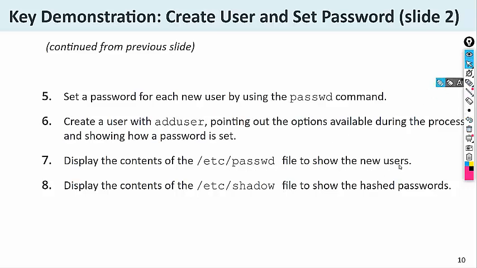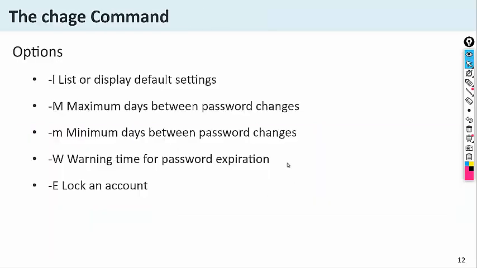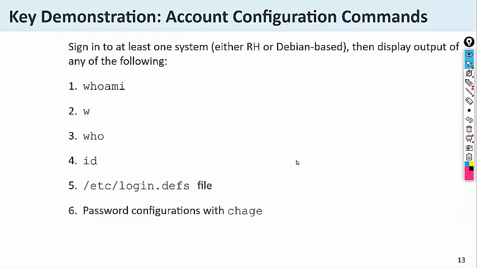Passwd shows the content related to the new user, and shadow will display the stored hashed password related to the user. Okay, the usermod command can modify the user, like usermod -c, writing the content, and we have done some other options.